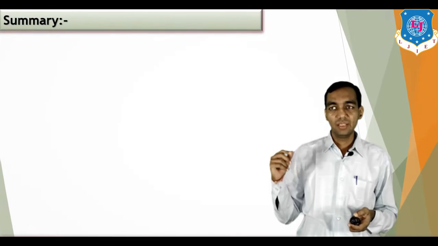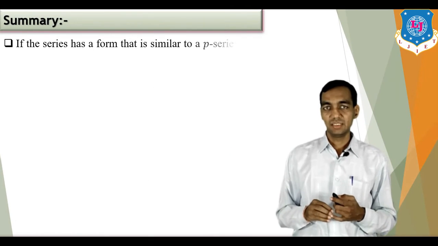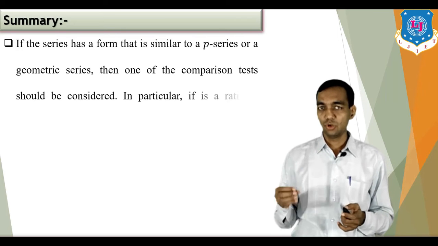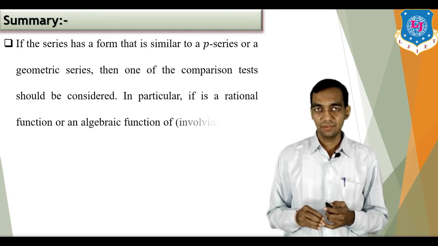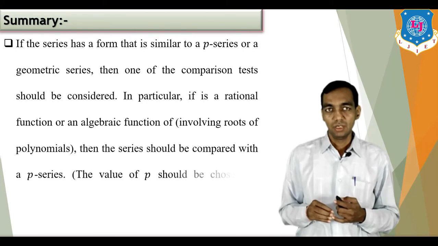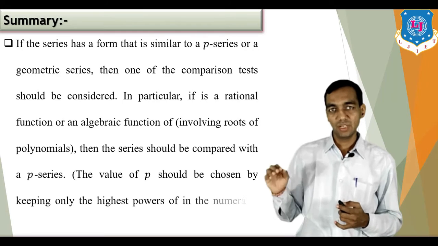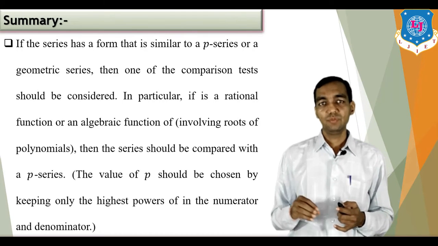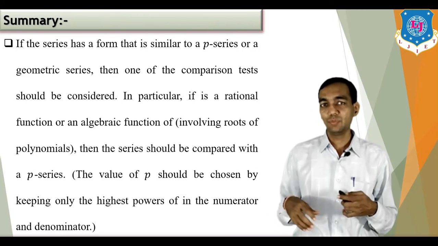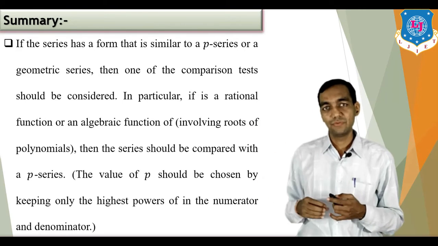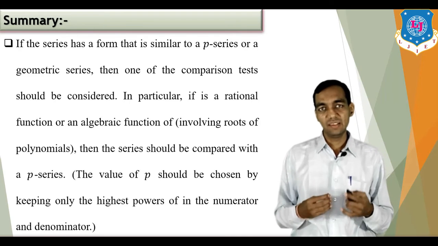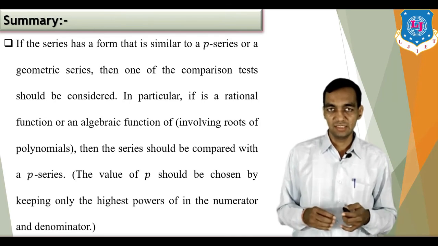In the same manner, we go with the comparison test. For the comparison test, we are going to use the geometric series or the p series, correct? In particular, if you are given a rational function, that means the numerator is in algebraic form and the denominator is also in algebraic form, involving polynomials as well as any power of n, then we generally start with the p series and use the comparison test.